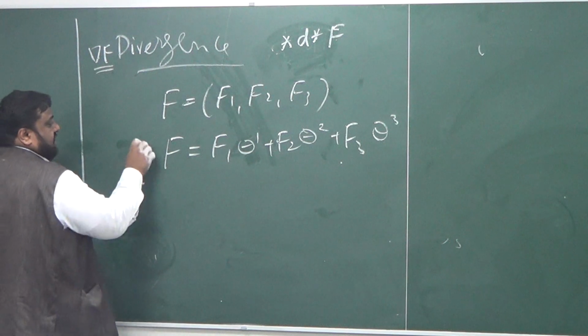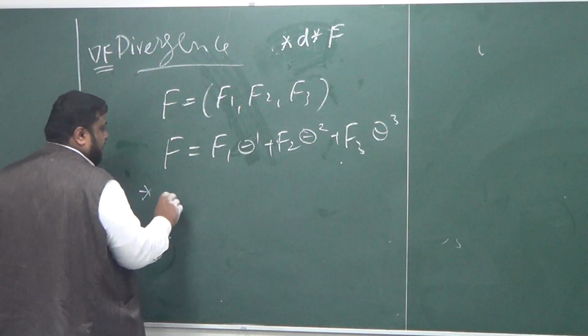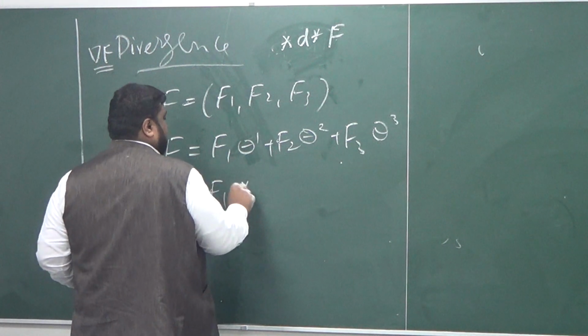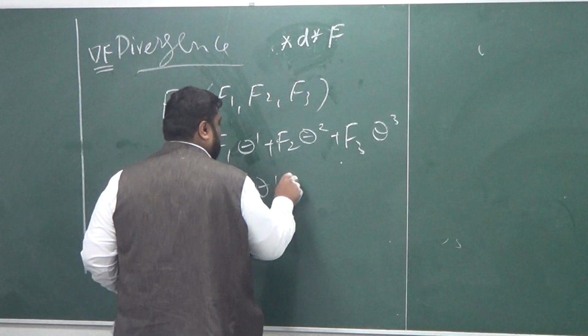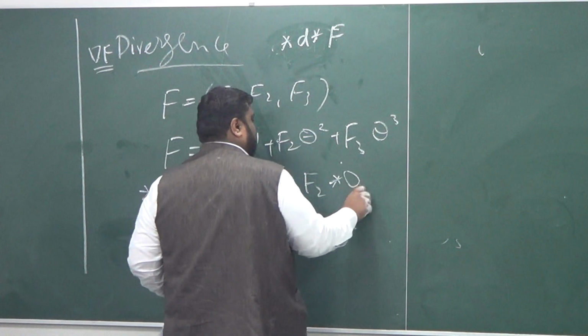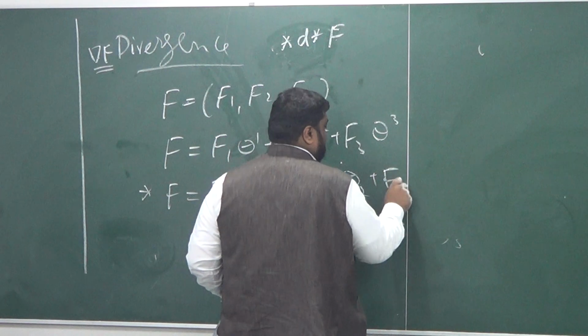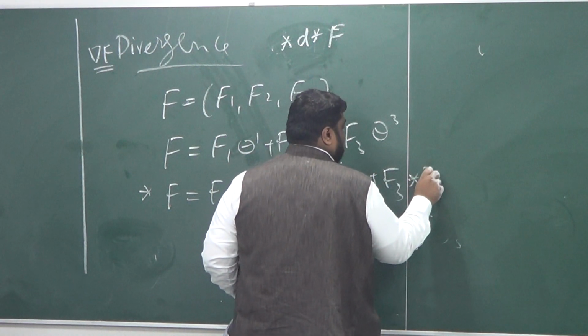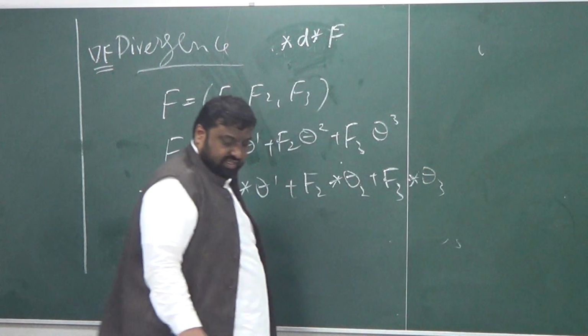So if I apply the star on this expression, what am I going to get? F1 star theta 1, F2 star theta 2. It's just labor actually, you can do it for yourself. Star theta 3 actually.